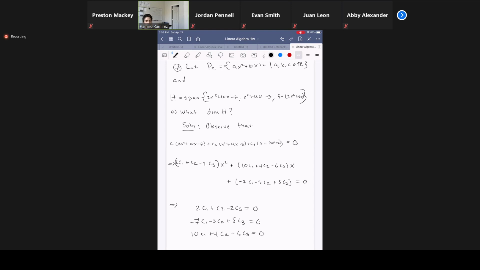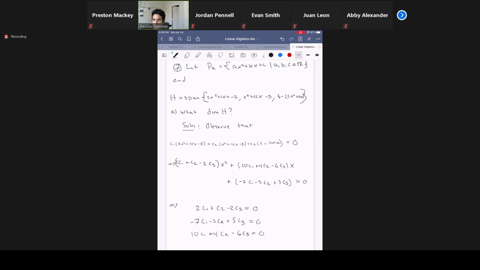So if you were to RREF this, what you'll find is something that won't give you all of these C's being zero. So remember, what would it mean for this to be linearly independent? It means all C1, C2, C3 are 0, right? So what you're going to find is that none of these will be just identically 0.